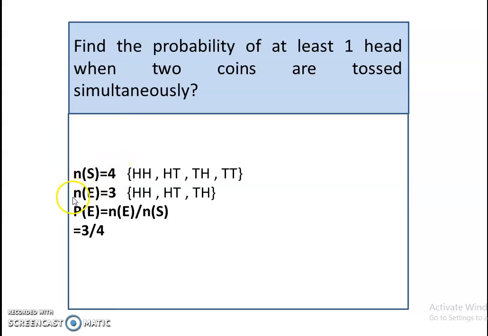Now the outcomes in favor of at least 1 head are HH, HT and TH. In these 3 cases, we have at least 1 head. So the probability of getting at least 1 head will be 3 upon 4. So in this way, we can calculate the probability of any event, right?